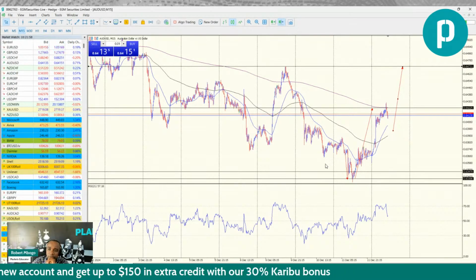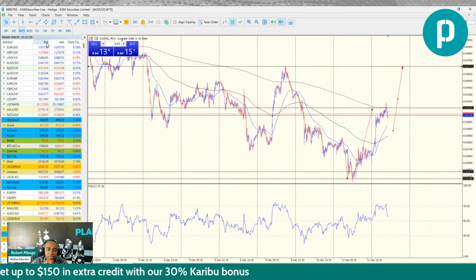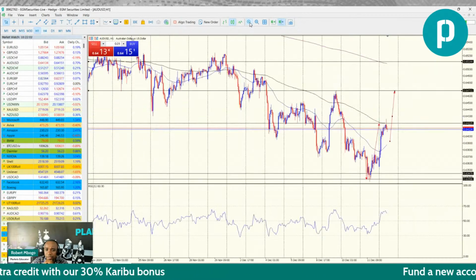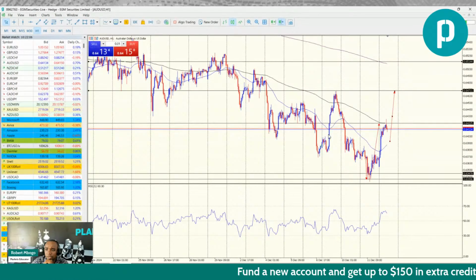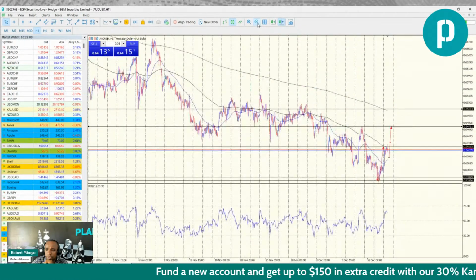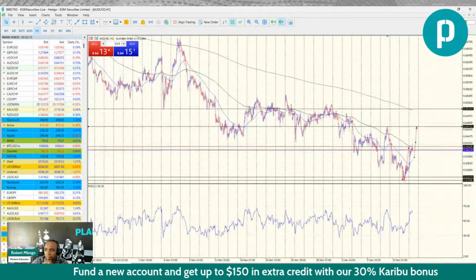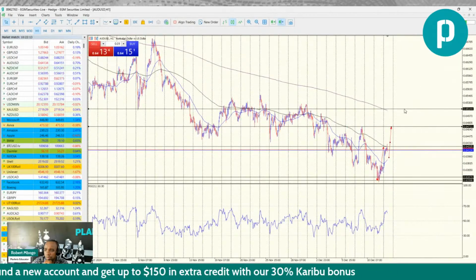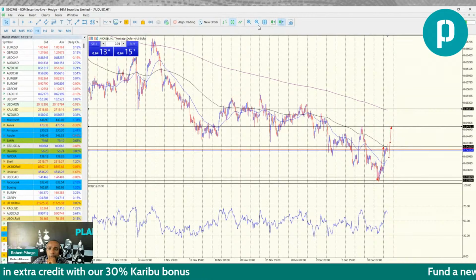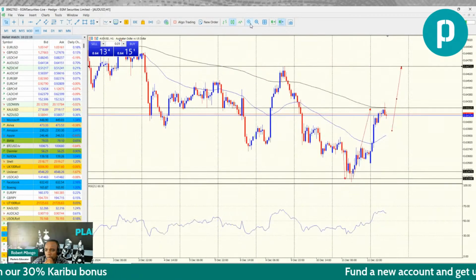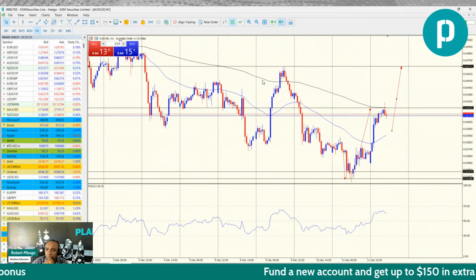That's a possibility, to test this high before we see some bears stepping in. So that's an analysis I would probably want to see. And let's see, yeah, it's a possibility that it could also spike all the way to 0.6514. So I'm bullish on Australian dollar.